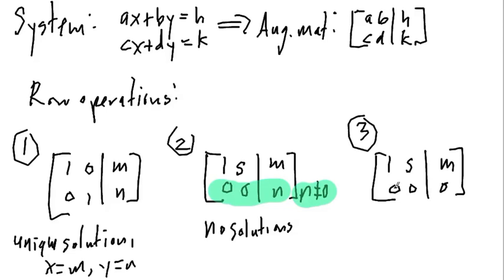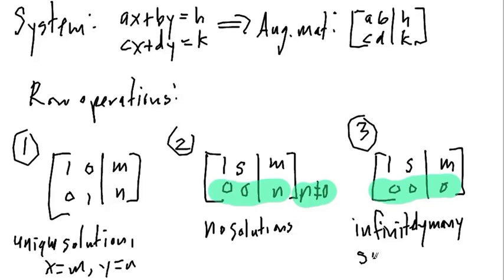Because I have nothing but zeros on the bottom, this will tell me that I have infinitely many solutions. And I have to write them out using some sort of parameterization, which we discussed before.